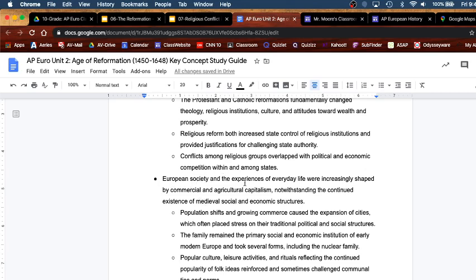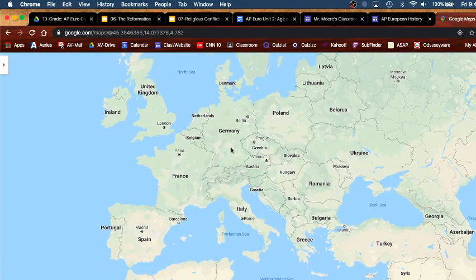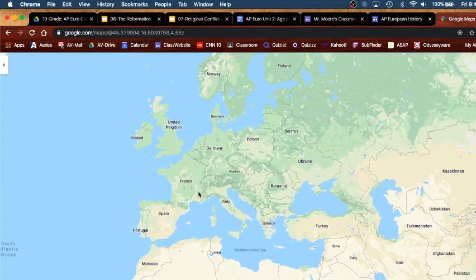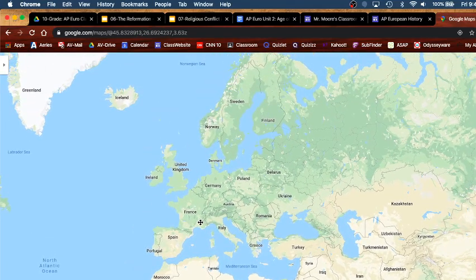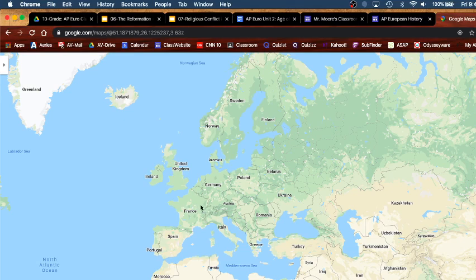European society and the experiences of everyday life were increasingly shaped by commercial and agricultural capitalism, notwithstanding the continued existence of medieval social and economic structures. So in Europe, people are still peasants, and there are still manors. It's almost like there's still medieval times going on, but we're slowly growing out of the medieval times because of Renaissance ideas that are spreading out of Italy to the rest of Europe.